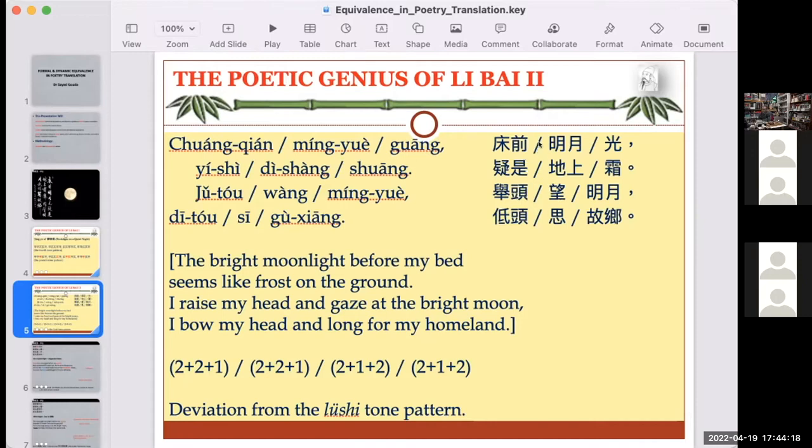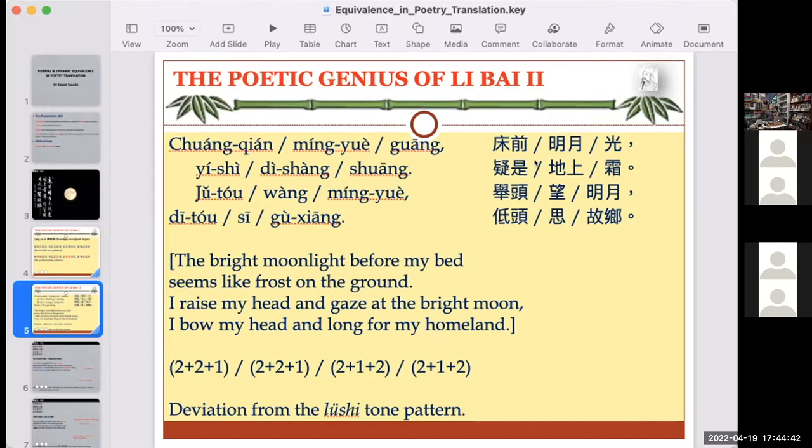So also in Chinese, you may call this hiatus or pause 顿. Dun meaning, in English, you may call it caesura, C-A-E-S-U-R-A, meaning hiatus, meaning pause.